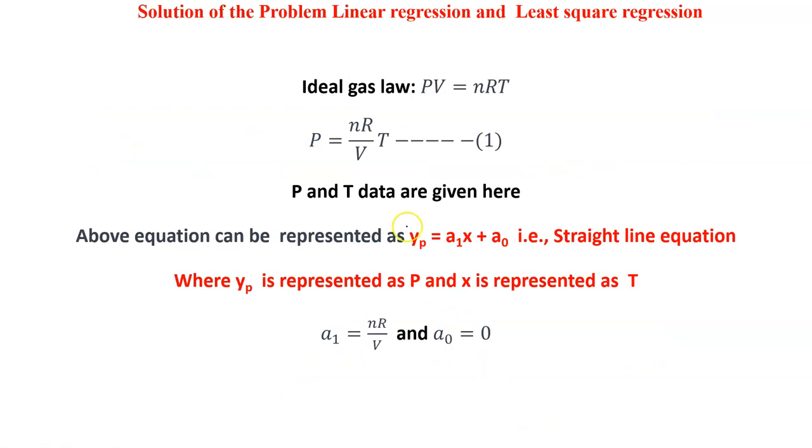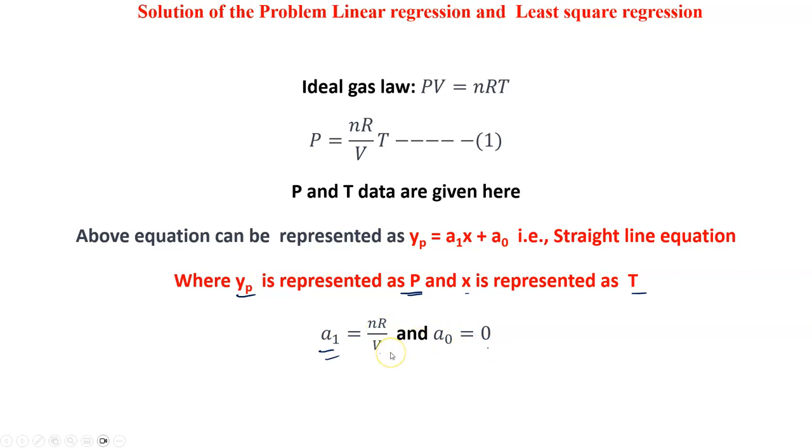Again we write P is equal to a1 x plus a0, the straight line equation, where yp is represented as P, x is represented as T, and a1, the slope, is nR by V, and a0 is actually 0 here.